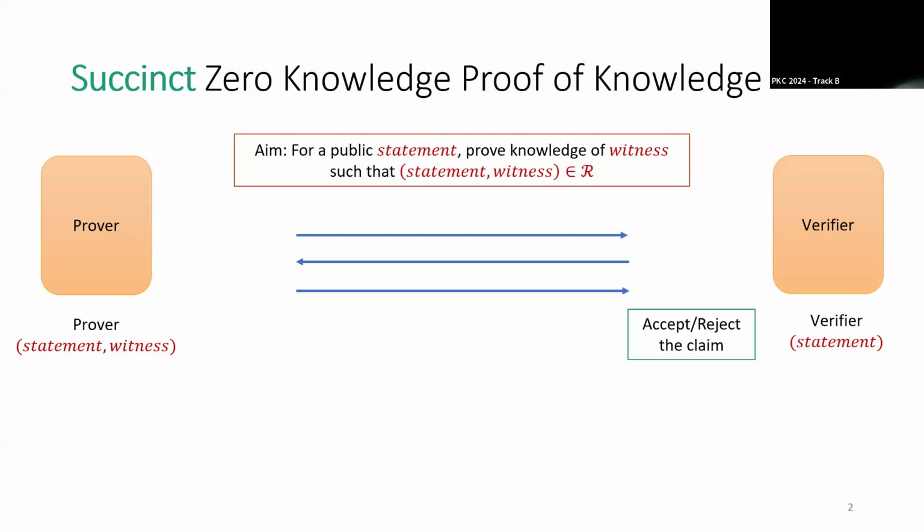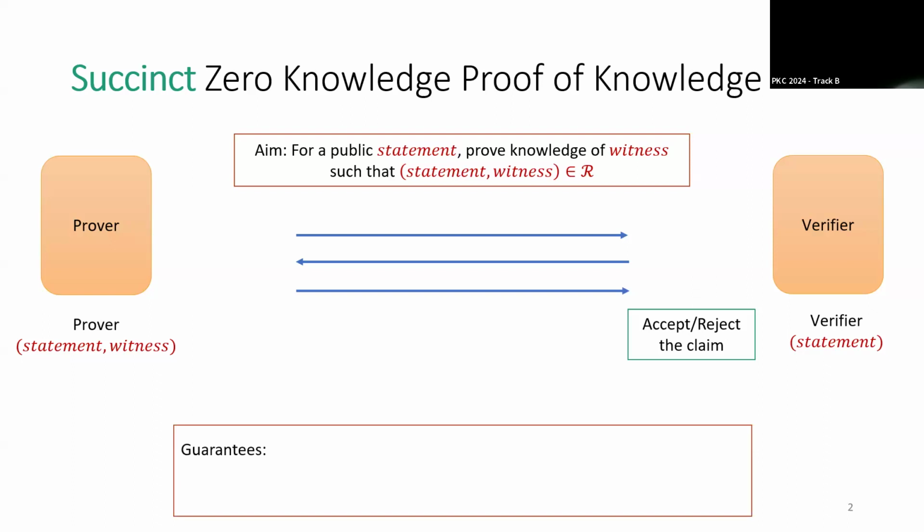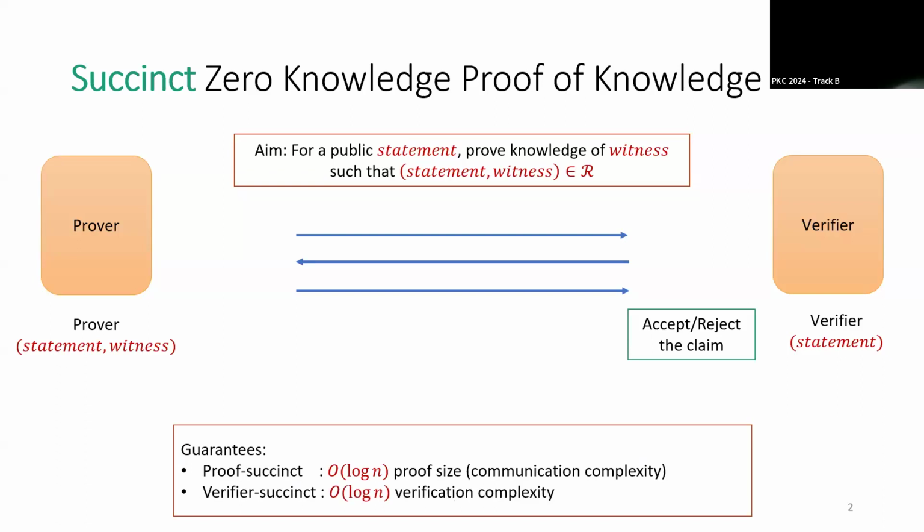So basically, we want the verifier's work to be much less. And we want the following guarantees. We want proof succinctness because the verifier has to read the proof. And we also want verifier succinctness, where we want the computation done by the verifier to read the proof and then do whatever computation is required to validate the proof to be small.